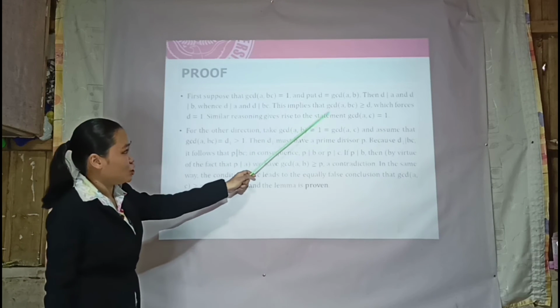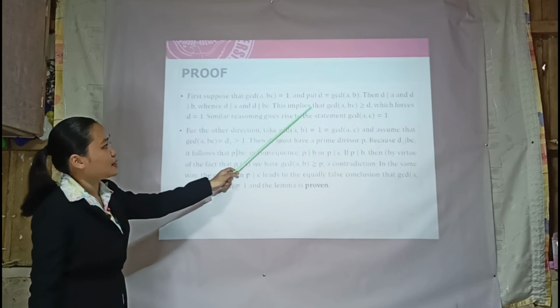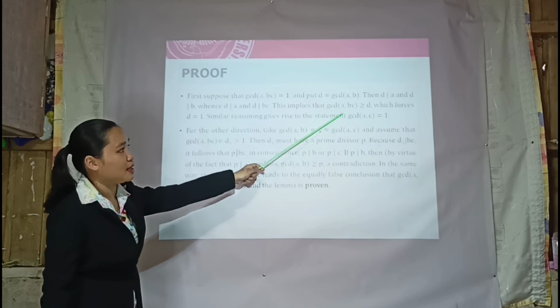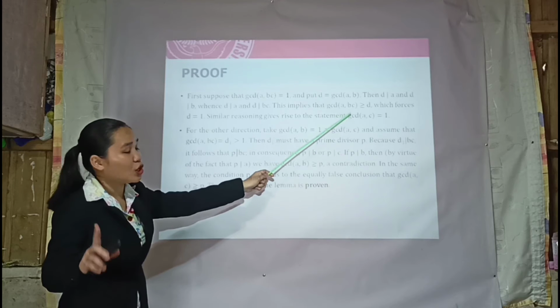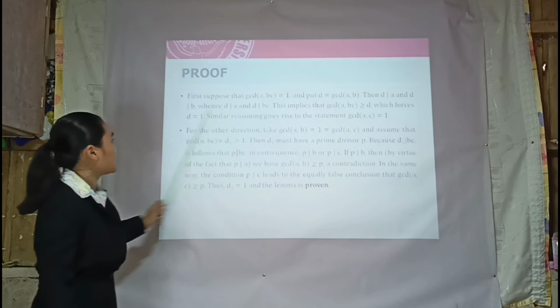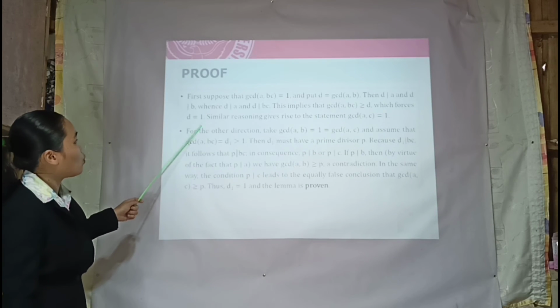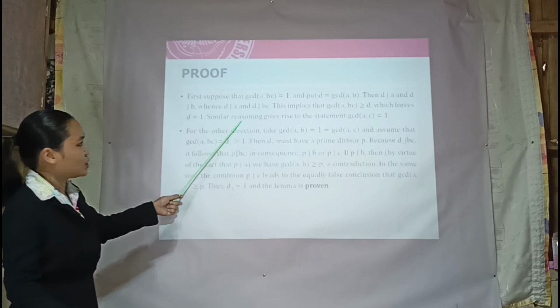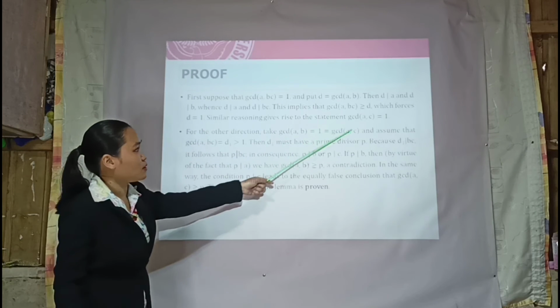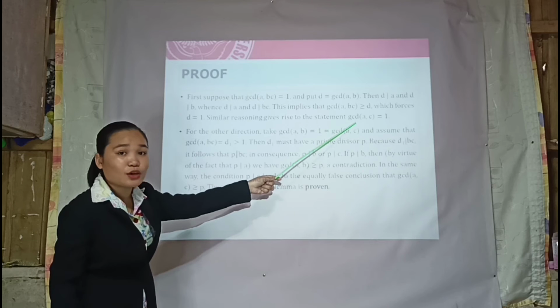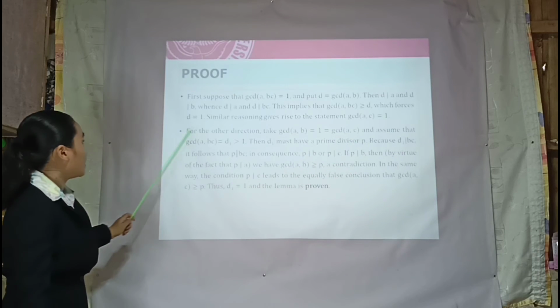This implies that the GCD of a and bc is greater than or equal to d, which forces d to be equal to 1. Similar reasoning gives rise to the statement that the GCD of a and c is equal to 1.